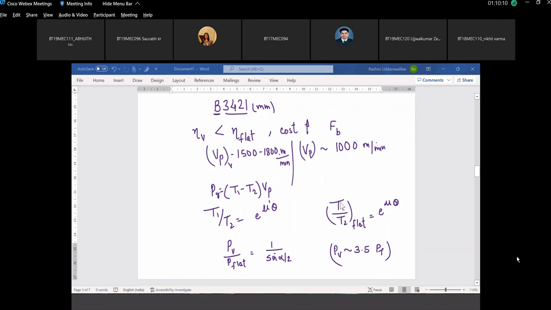These days, with improvement in material science research, there are a few companies coming up with flat belts with better power transmission capacity and better efficiency. They are improving the material so that with a flat belt, with a simpler design and low cost, you get almost the same power transmission capacity with better efficiency as compared to V belt.